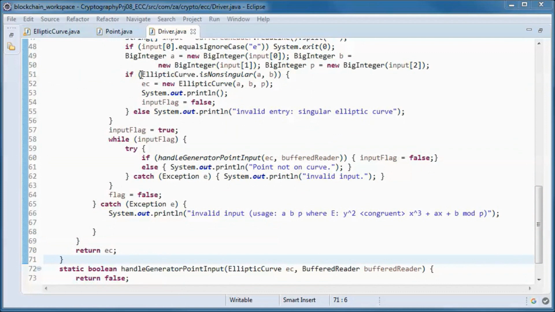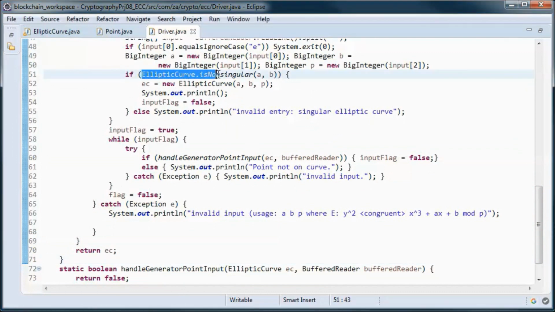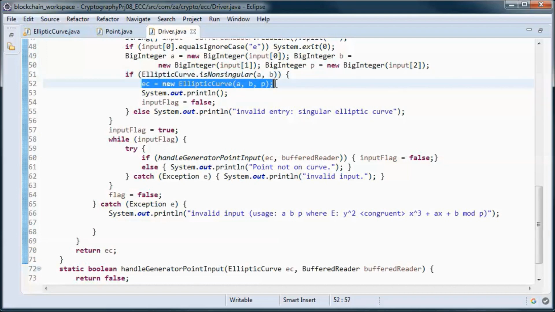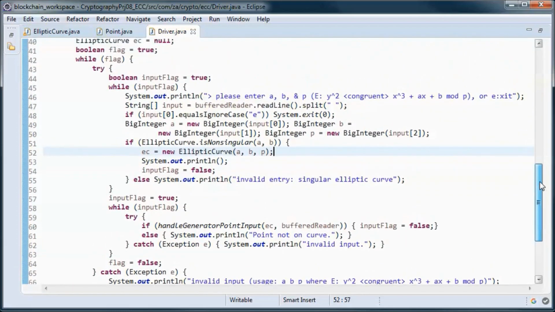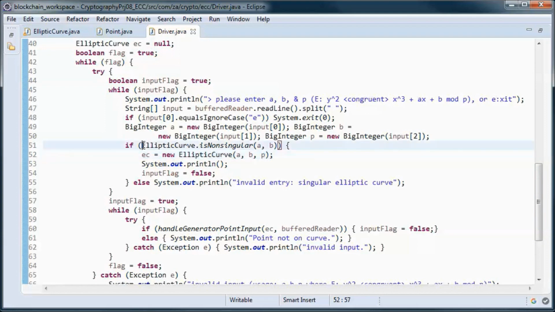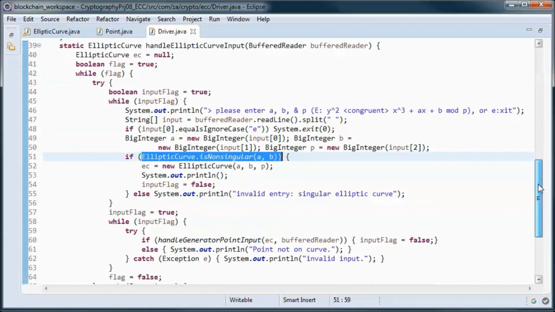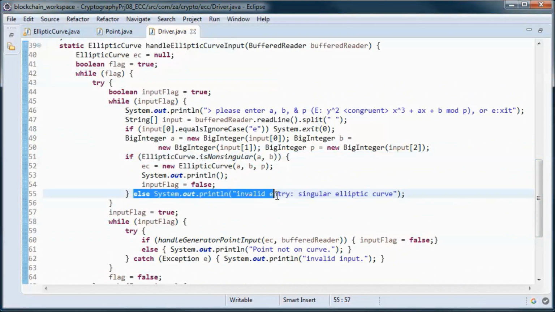So here we are checking if the elliptic curve is non-singular, and in that case we instantiate that curve. So here the curve to be instantiated is non-singular. And we display this in the case we have a singular elliptic curve.